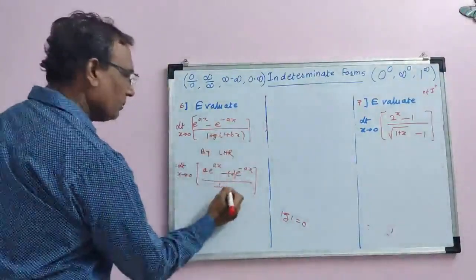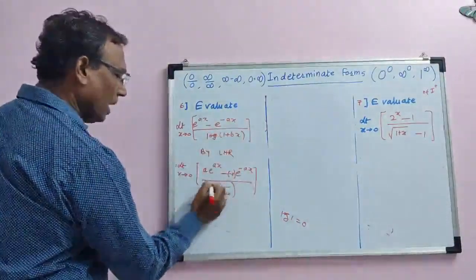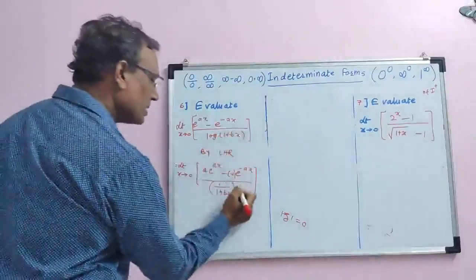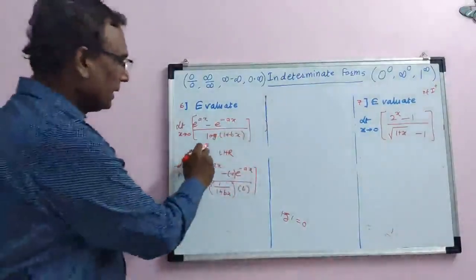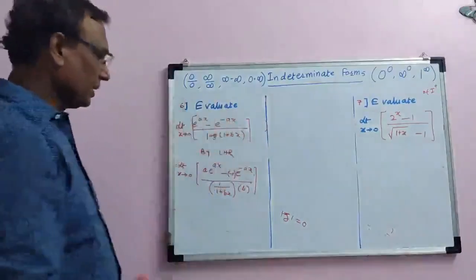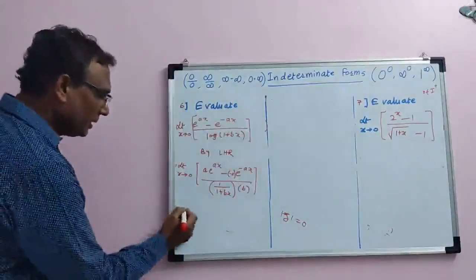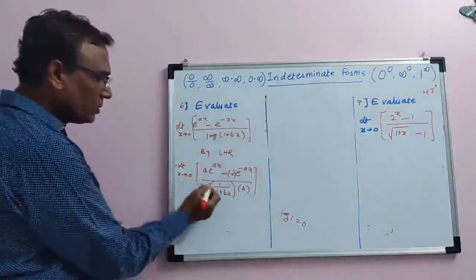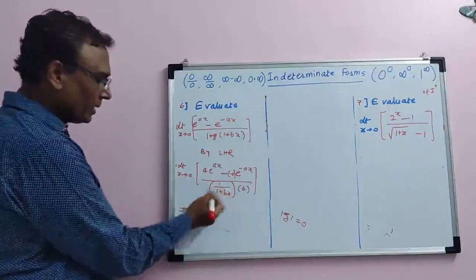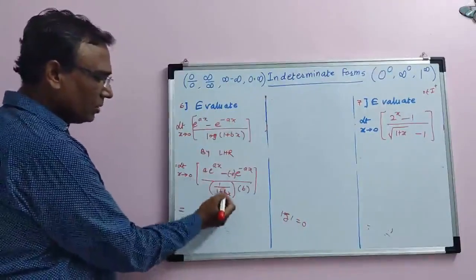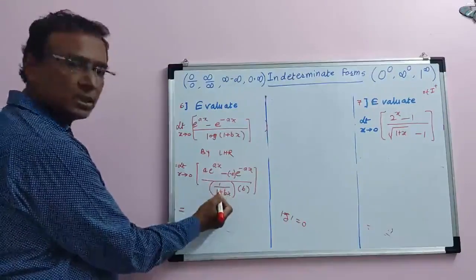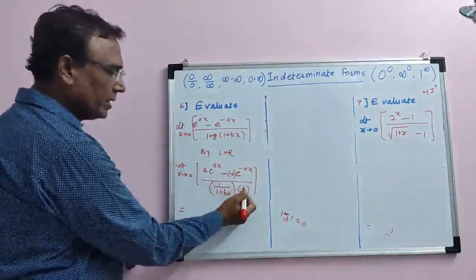Derivative of log(1 plus bx) is 1 by (1 plus bx), and derivative of 1 plus bx is b. What I have done is taken derivative of denominator and numerator separately. After doing this, put x equal to 0 here in the denominator. If you put x equal to 0, then 1 by 1 is 1, 1 into b is b.